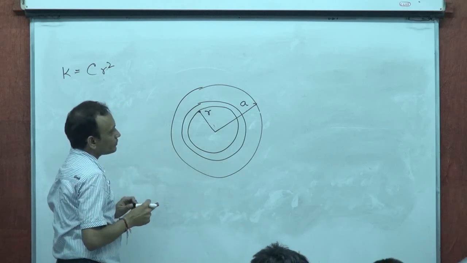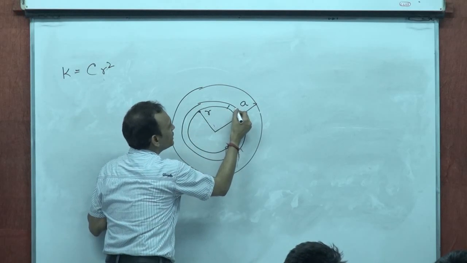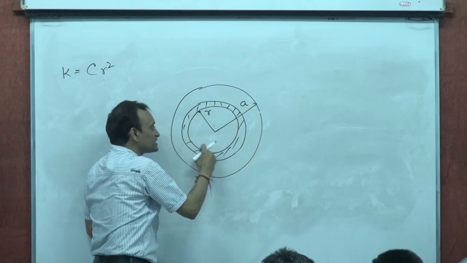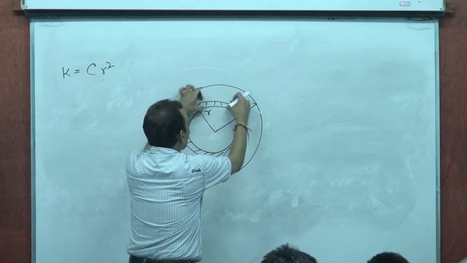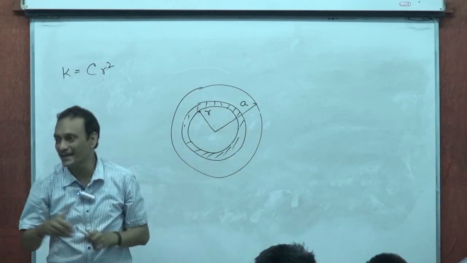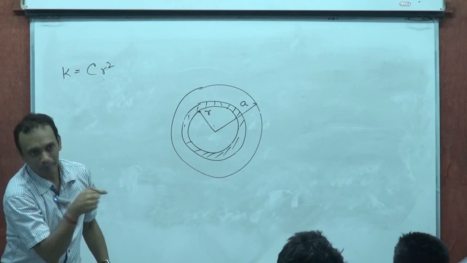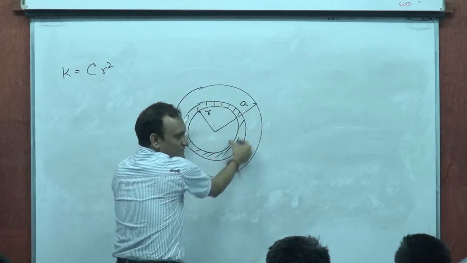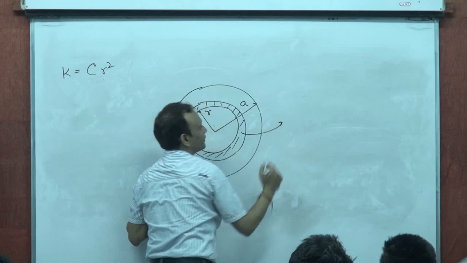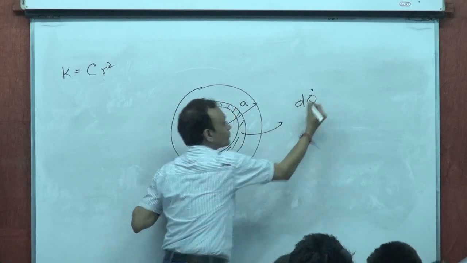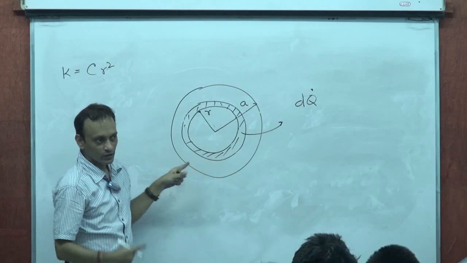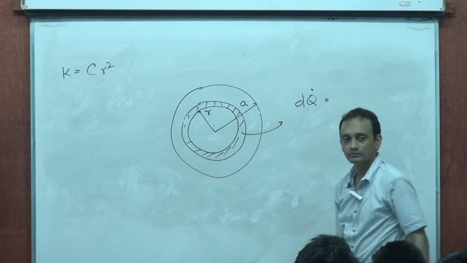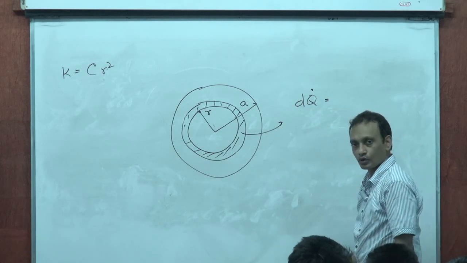So, do you realize that heat is now not flowing over 2 pi rL? It's flowing through these rings internally, parallel to the axis of the cylinder, right? Through these rings. So now, through this particular ring that I have selected, the heat current dq dot, the small amount of heat current associated with this, the flow being longitudinal, is going to be what?